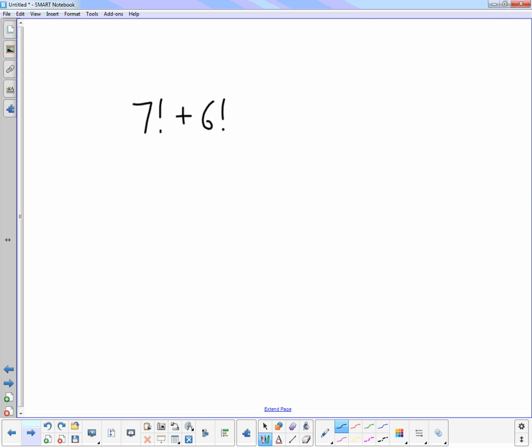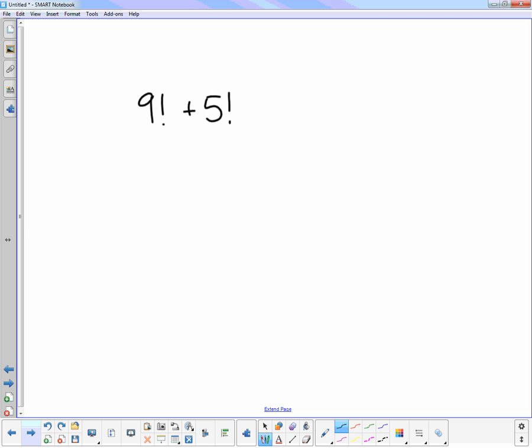This all by itself, just in general, when you're adding factorials, or even if I needed to find that, you would not want to multiply 9 times 8 times 7 and then add it to 5 times 4, all a waste of my time.